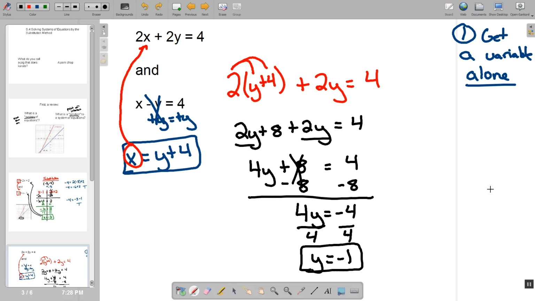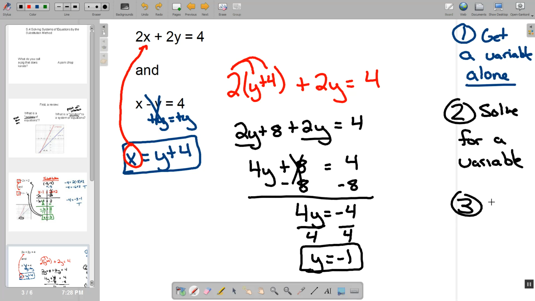Now, once I have a variable solved for, in this case I solve for y. Step 3, which we do now, is you plug in to find the other variable.